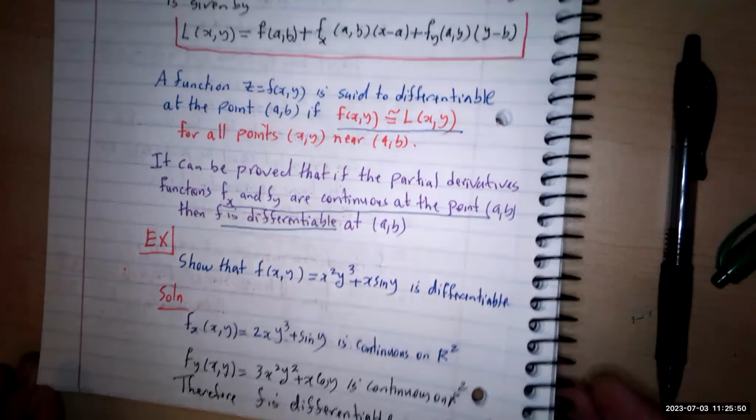So let's see what kind of application or other version we get, then we come back and discuss the derivative more. You get a number of these types of problems: linear approximation ones. In the previous problem, you just checked the differentiability.